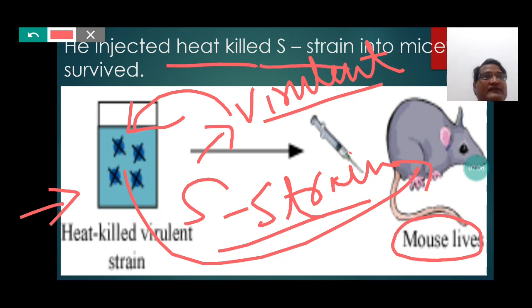So students, the S strain of the Streptococcus pneumonia was heated to such an extent that it was not able to infect the mouse, and as a result the mouse was able to survive.